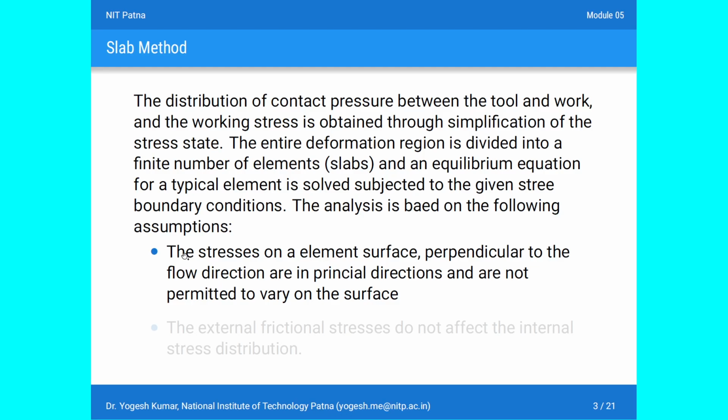The first assumption is that the stresses on the element surface perpendicular to the flow direction are in the principal direction and are not permitted to vary on the surfaces.